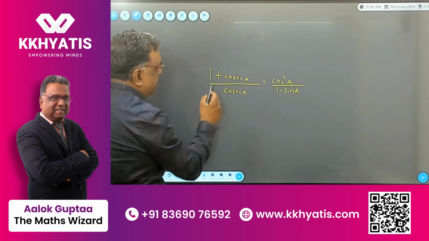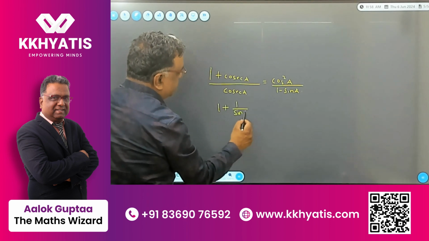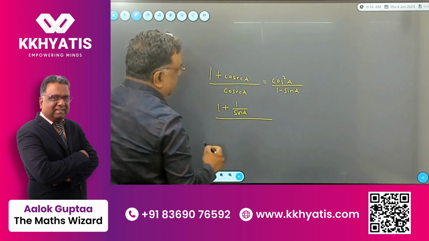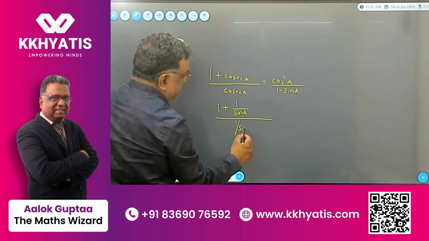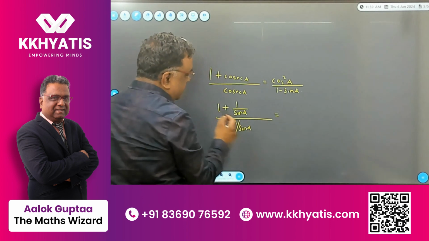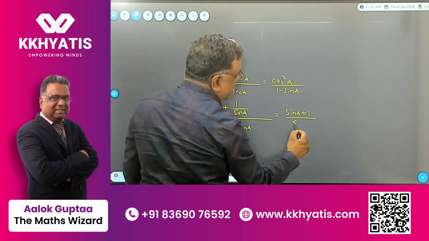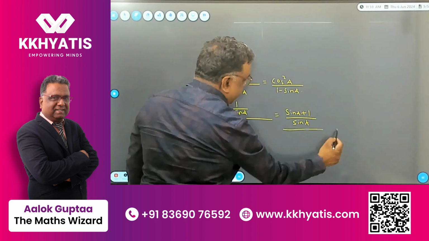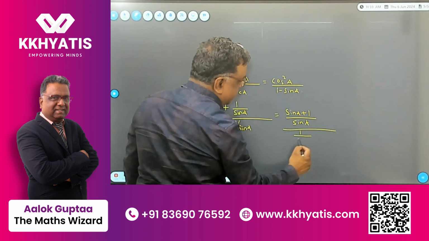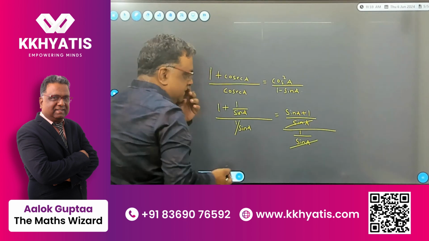So I know cosec A is 1 upon sin A, the reciprocal of sin. And again cosec A I can write as 1 upon sin A. So this becomes, I will take LCM, sin A plus 1 upon sin A, and this will be 1 upon sin A. Now this sin A and this sin A will get cancelled.